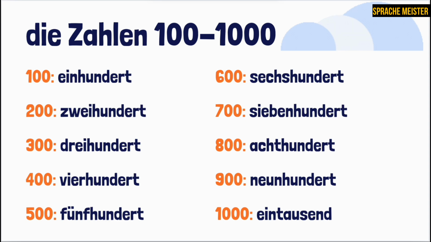Die Zahlen von 100 bis 1000, the numbers from 100 to 1000. 100, 200, 300, 400, 500, 600, 700, 800, 900, 1000.